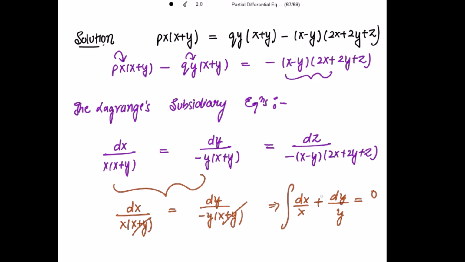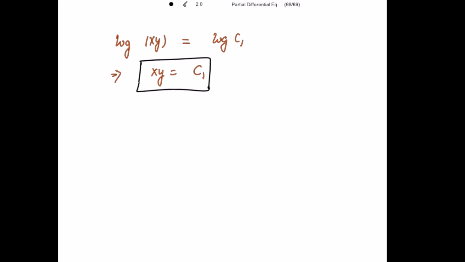And now integrating, we get log x + log y equals a constant, and let's take that constant to be log c1. So this implies log(xy) by using the property of log, equals log c1. So that implies xy = c1.